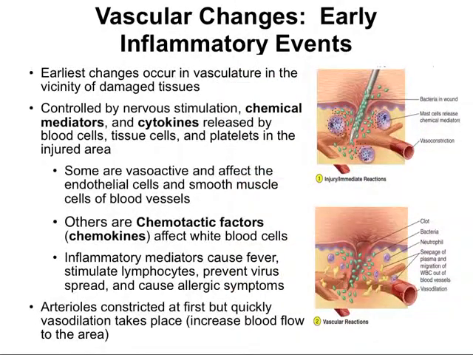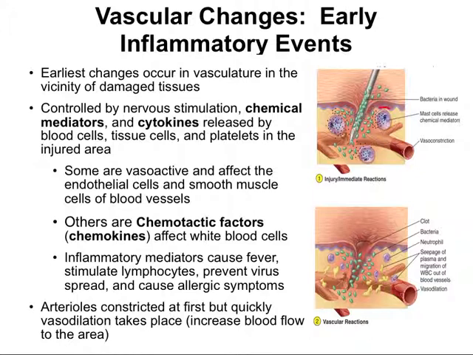Now let's look more at the stages of the inflammatory response. The earliest changes occur in the vasculature in the vicinity of the damaged tissues. Many of these changes are controlled by nervous stimulation and involve chemical mediators and cytokines released by blood cells and tissue cells and platelets in the area of injury.